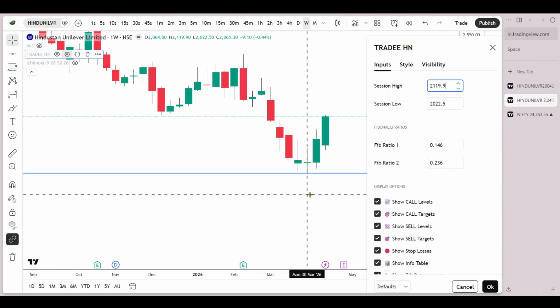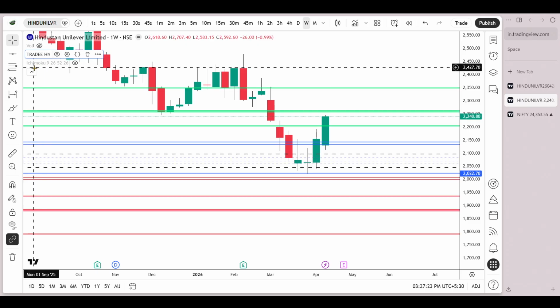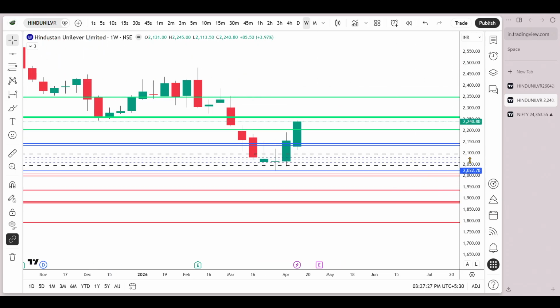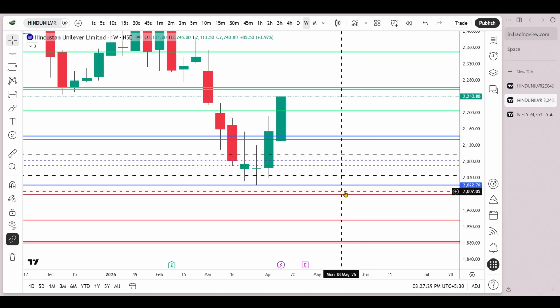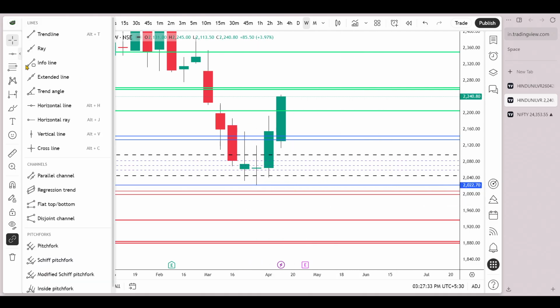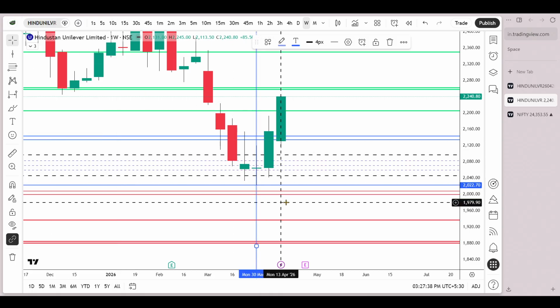Now, already I marked the high and low. Then I'll click on OK and enable this. Now, marking on the weekly time frame the previous candle. See here, what I told you: two confirmations I took for entry.